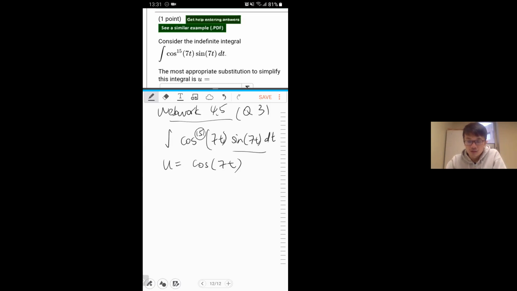So du/dt equals negative sine of 7t times 7.